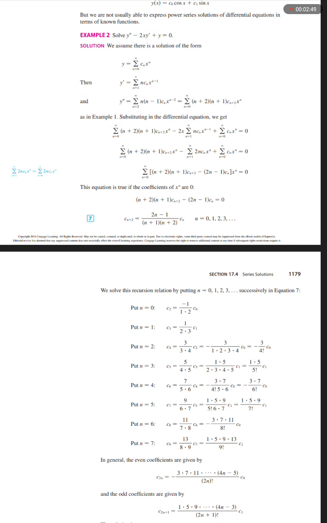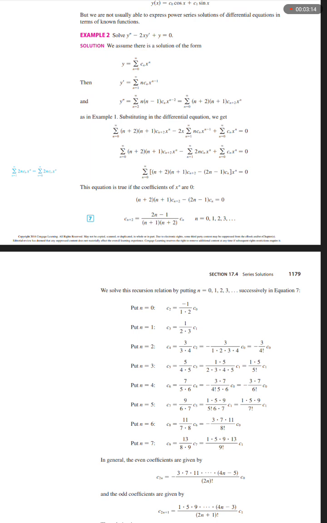The sum from n equals 0 to infinity of open bracket open n plus 2 close open n plus 1 close times c sub n plus 2 minus open 2n minus 1 close c sub n close bracket x to the power n equals 0.